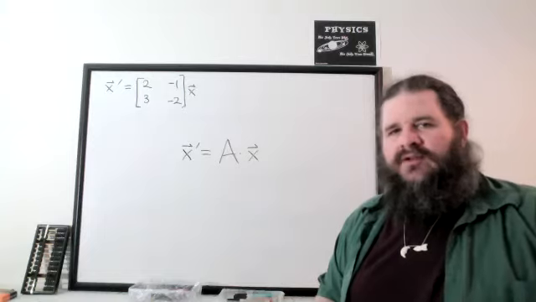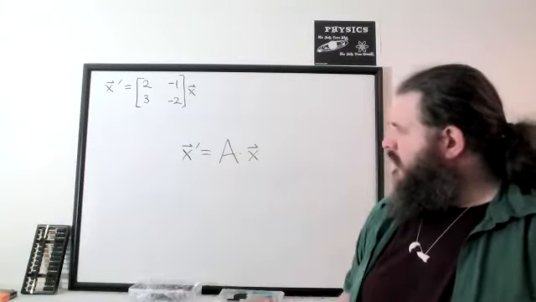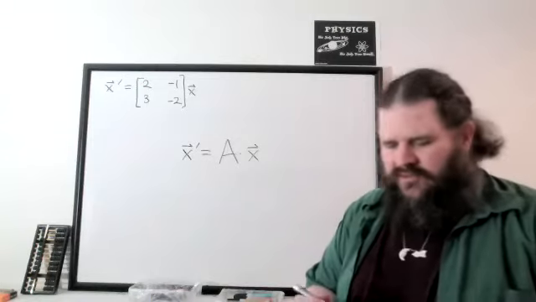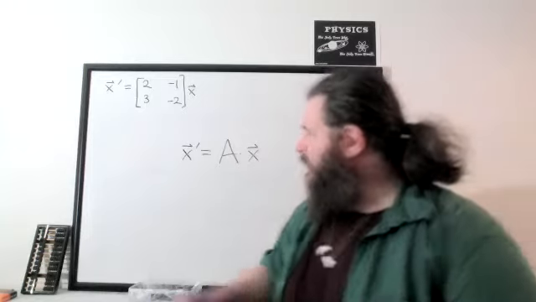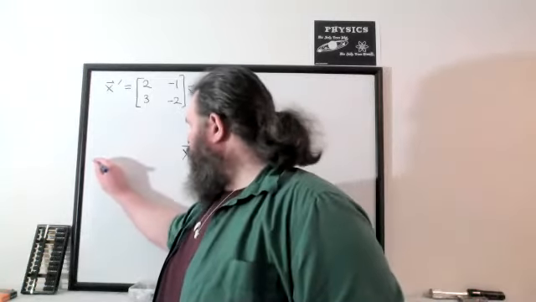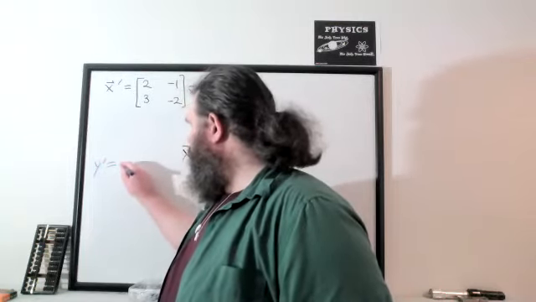The reason those eigenvectors are important, though, is that if you want to solve this differential equation, let's go back to differential equations of just a single variable that we saw earlier. Let's say y prime equals some constant times y.